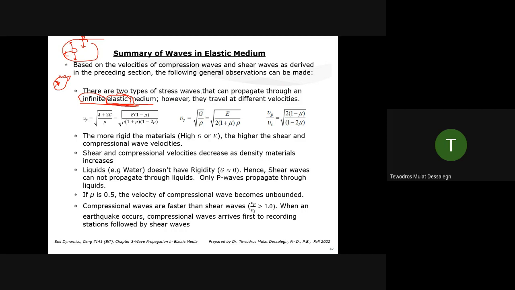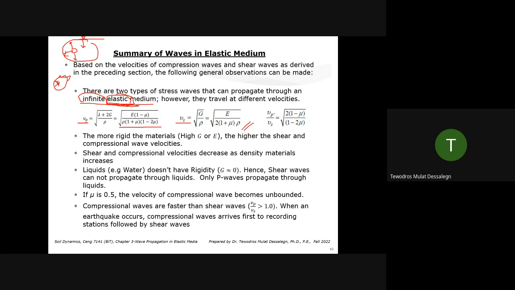So these two waves travel at different velocities. One is the primary wave, one is the shear wave. We know that for the primary wave, we have this equation with the constraint modulus. And the shear wave, we have this form, square root of G by rho, shear modulus by density, or you can represent it by this.